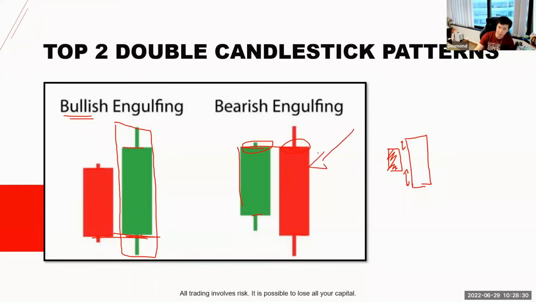An important tip that I need to teach you guys is that this engulfing candle is only as strong as the enemy it beats. For example, if I have 2 different engulfing candles, let's talk about bullish engulfing candles. I have one candlestick over here, and this is a bearish candlestick, and I have this bullish candlestick.